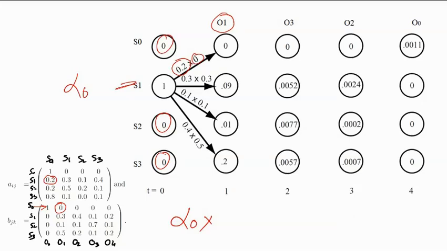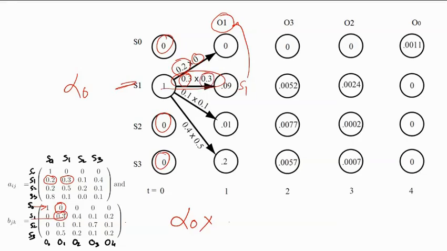Then let us look at one more thing. Let us see this calculation. From S1 I am going to S1, the probability is 0.3. And when I stand at S1, I am emitting symbol O1, so the probability is 0.3.